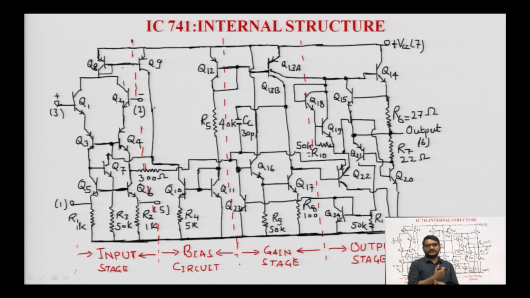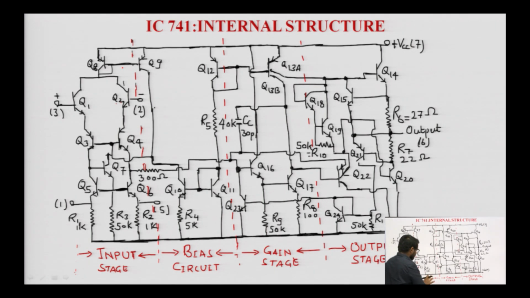The output is a single-ended output, taken from the collector of Q4 and Q6, and this output is connected to the input of the gain stage, that is the base terminal of Q16 and Q17.